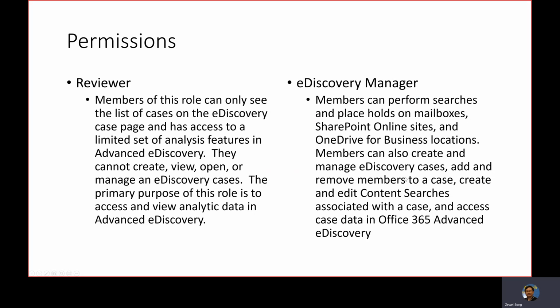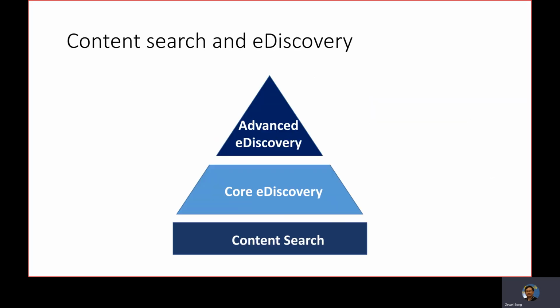From there you can create new cases, close cases, delete cases, and you can also put content on hold. Reviewers will go there and do research and search, and export the search results and/or the entire case data results.